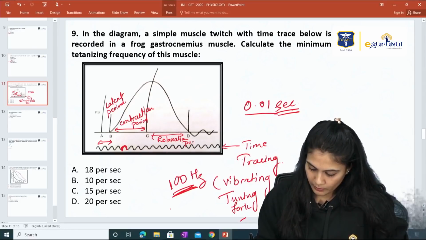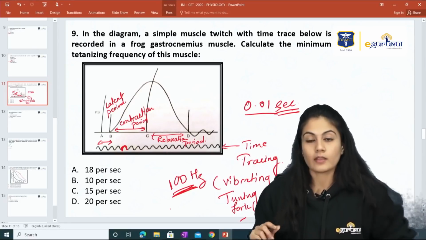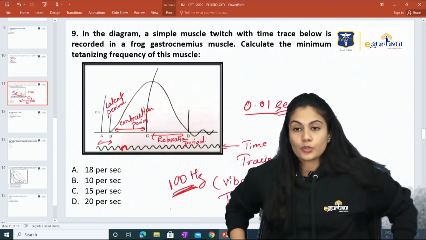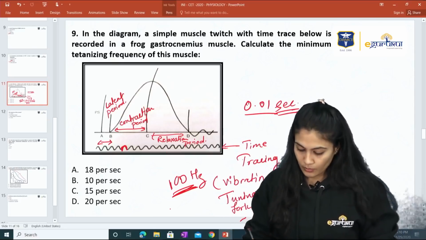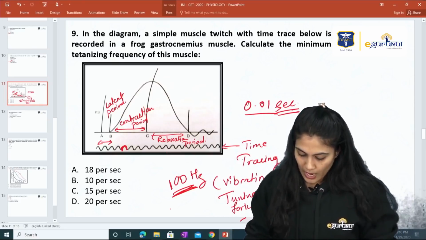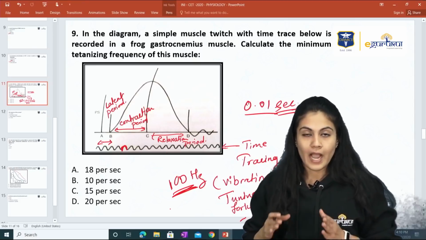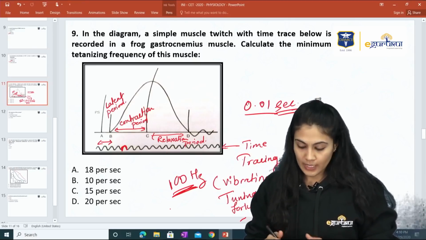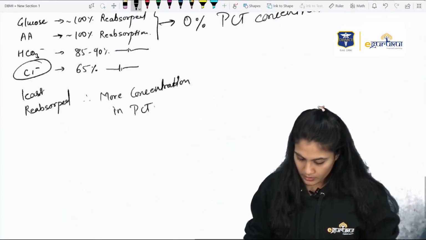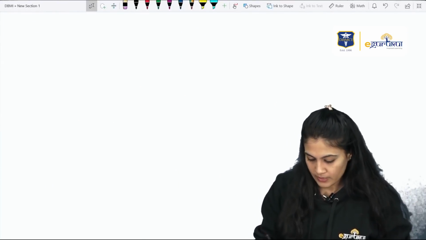I hope everybody did this experiment in PG, UG first year. So we just have to calculate how much is the contraction period. Why? Because of how the minimum tetanizing frequency is calculated.